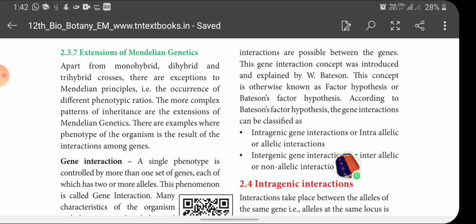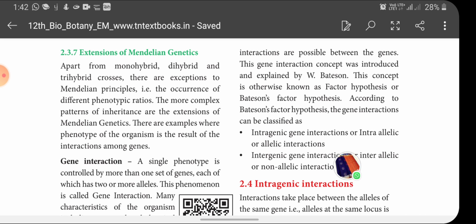According to these concepts, the phenotype of a character is controlled by more than two genes, and each gene consists of two or more alleles. When these genes interact and control the phenotype of a character, this is called what?